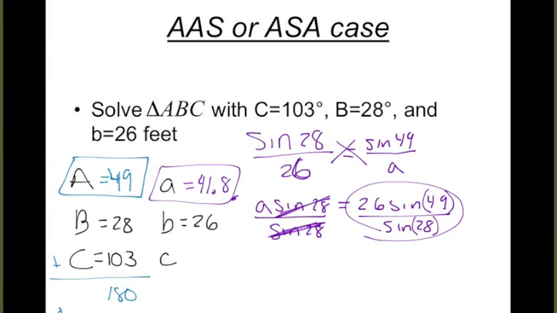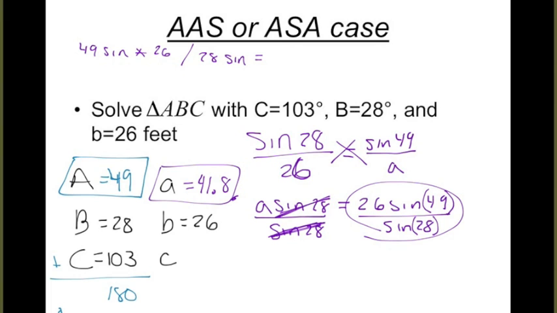If you are working on an iProduct, this is possible but annoying. Typing it in on an iProduct, you have to type everything in backwards. So you would have to do 49 sine times 26 divided by 28 sine, enter. So you can do it, it's just annoying because you have to type everything in backwards.